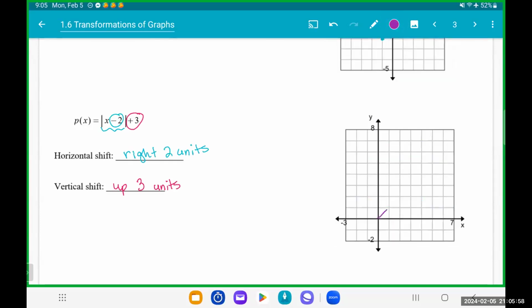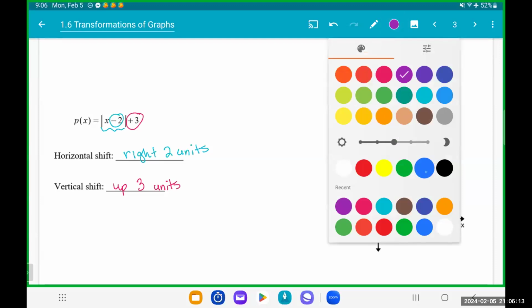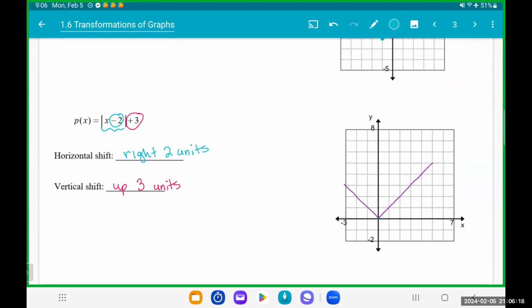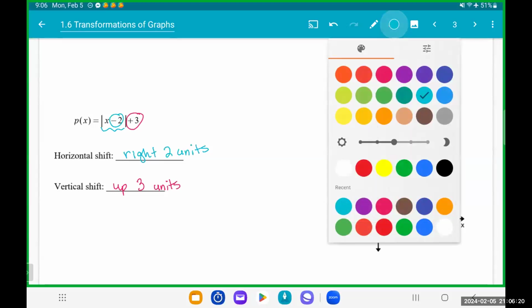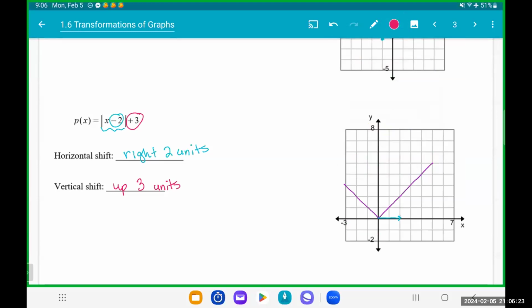So the absolute value is just, it goes right in the crease of all of those. Okay? And so when we are shifting to the right 2 units, and then we shift up 3 units, this is your new start point for your whole graph.